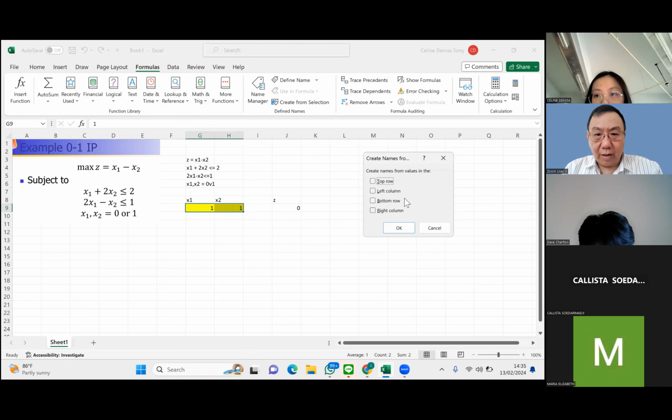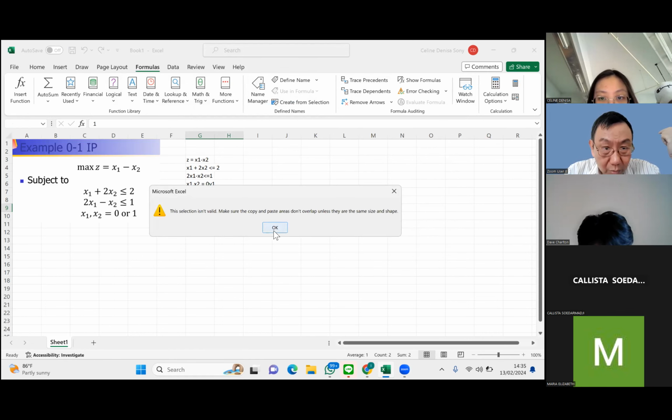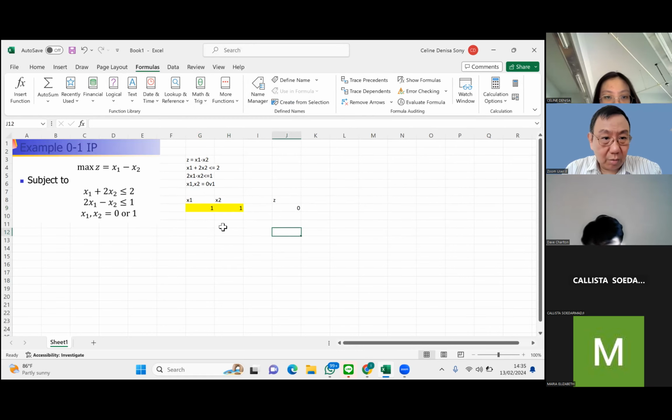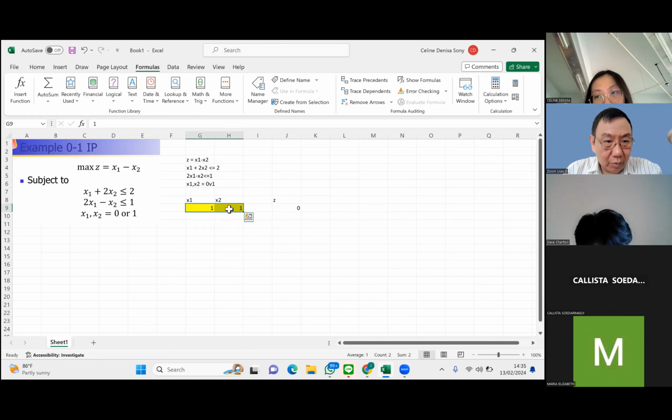Above, so that means top row. Click OK. Maybe it doesn't work. From 8, I think you need to go 8 and 9.